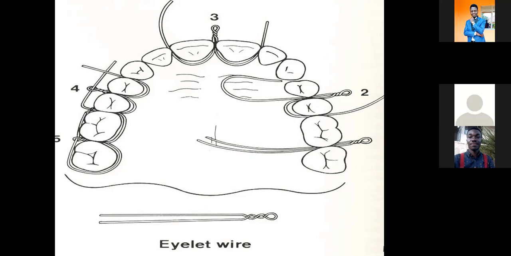Three, the tooth on which you anchored it became loose. Maybe it was already involved in the fracture line, then it loses that grip. Those are the three reasons why it can be dislodged.